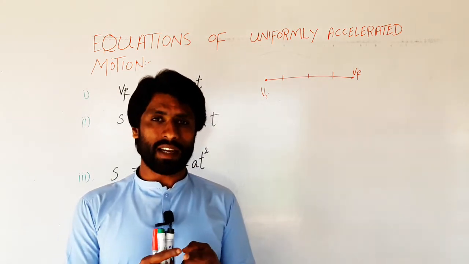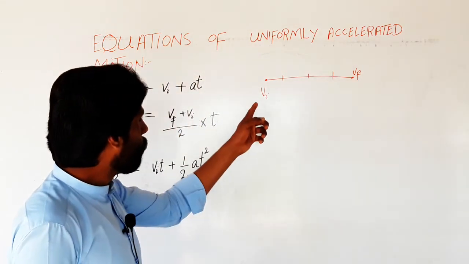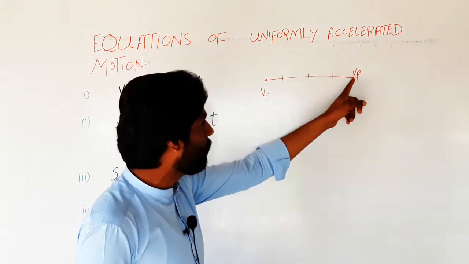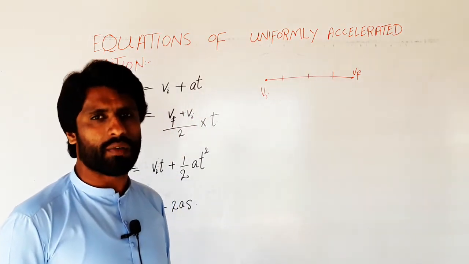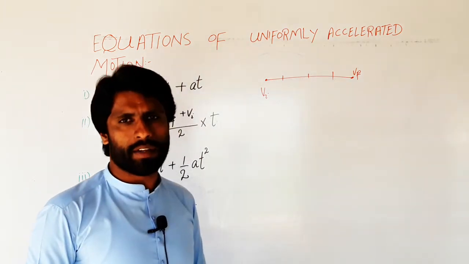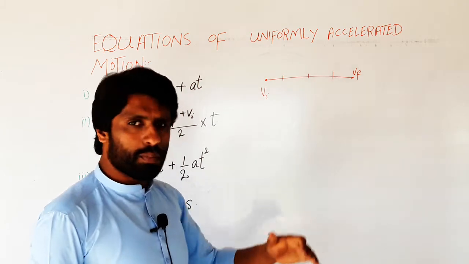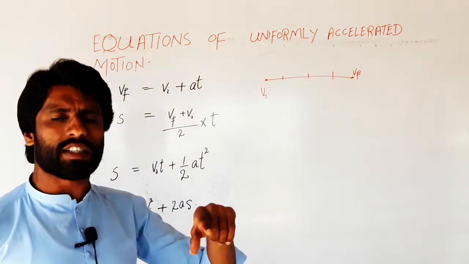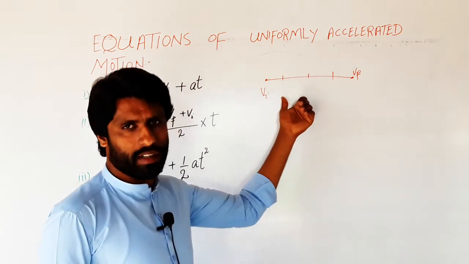Uniform acceleration is when, between these two points, the initial velocity and final velocity, the change in velocity in every same time is an equal value of velocity.